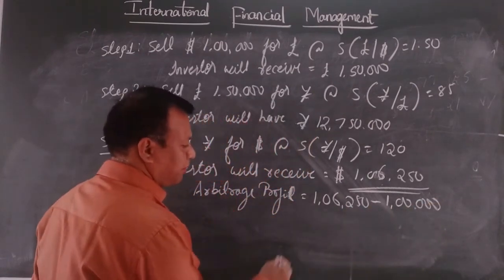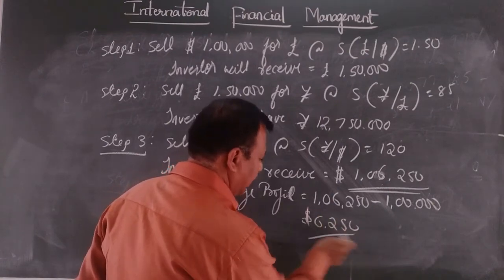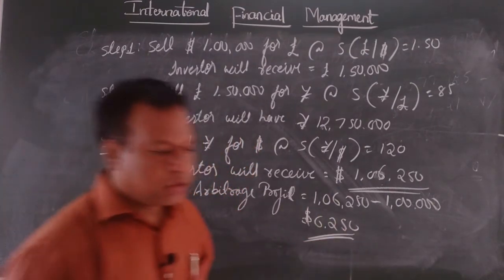If we subtract these two, we get $6,250 as arbitrage profit.